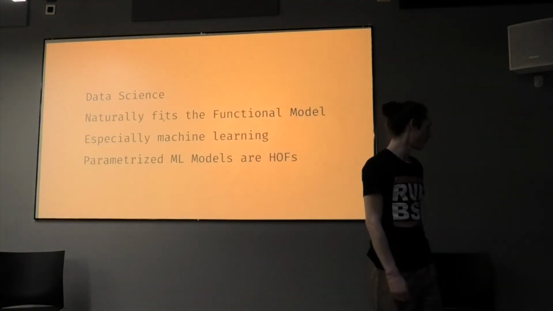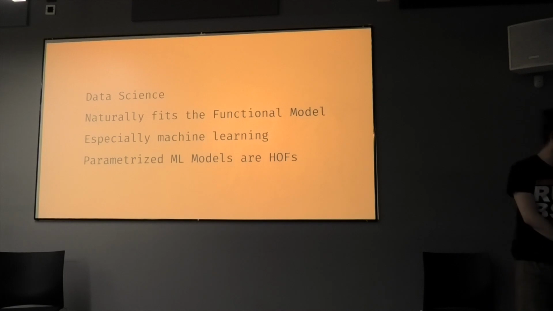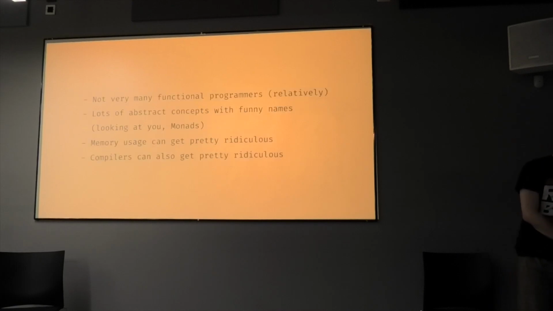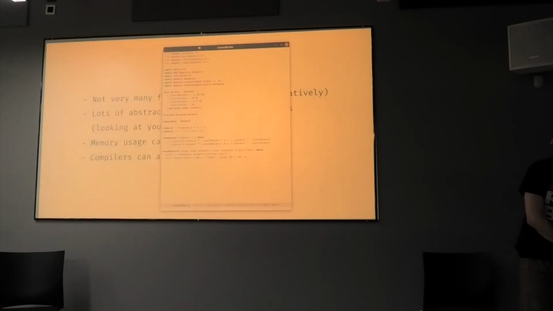So one example I've got here is a library called backprop, which does heterogeneous automatic differentiation, which is the full name for backpropagation, apparently.